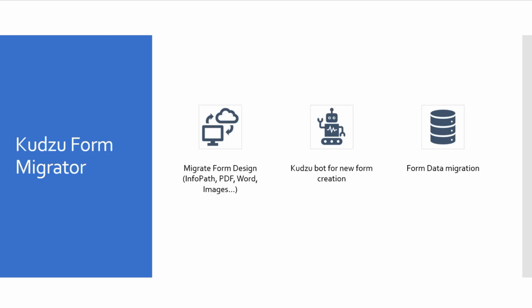So if you're working with an InfoPath form that's been published to a form library, and that form library contains hundreds of thousands of completed forms, effectively we could also migrate that content over to SharePoint list content and have the same form design, albeit more modern and responsive inside of SharePoint Online.